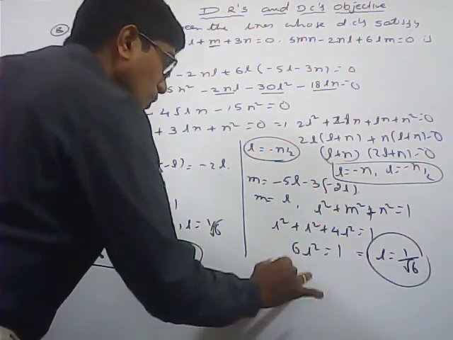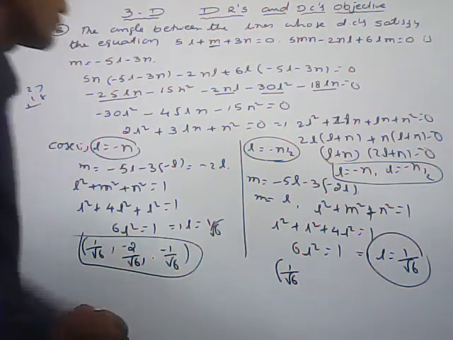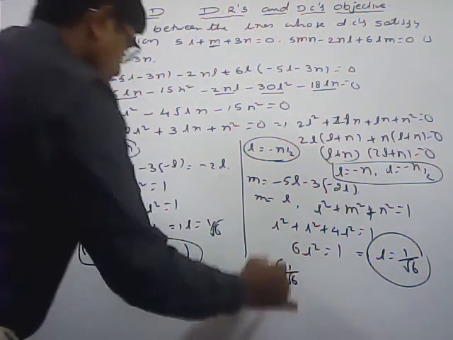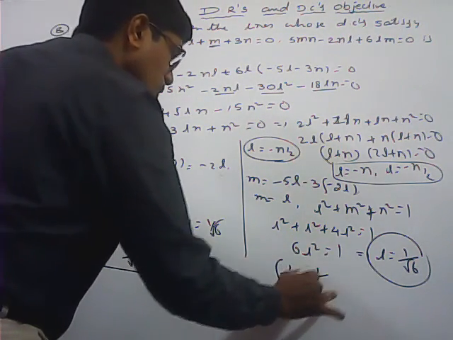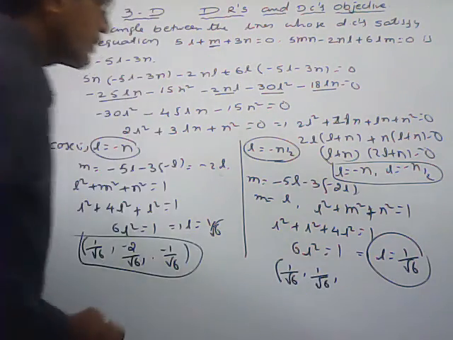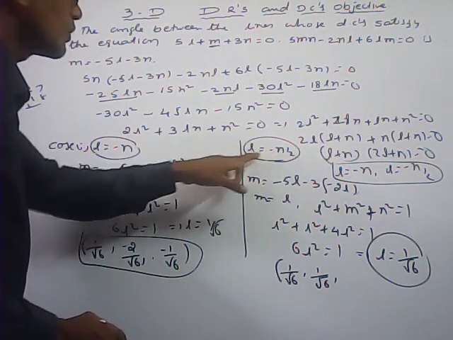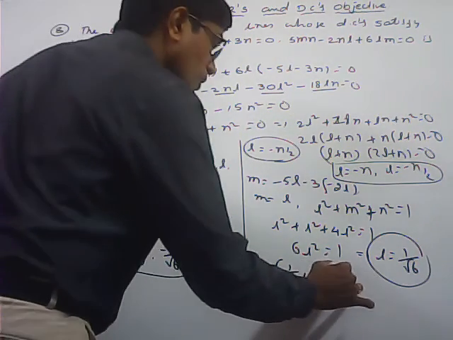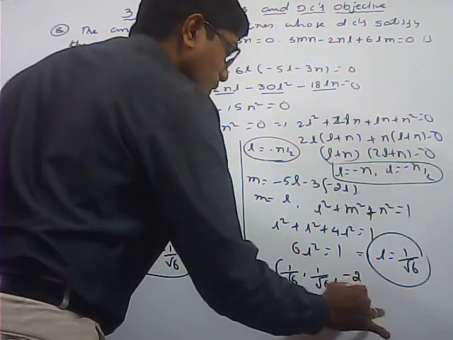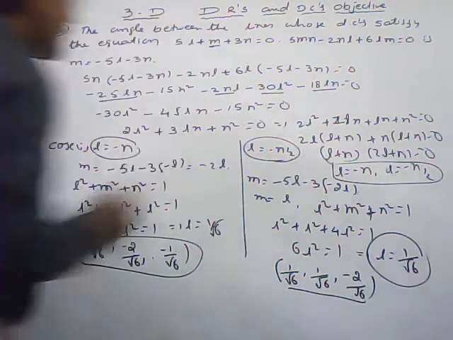If l is equal to 1 by root 6, the m value also is 1 by root 6, and n is equal to minus 2l, minus 2 by root 6. These are the DCs of the second line.